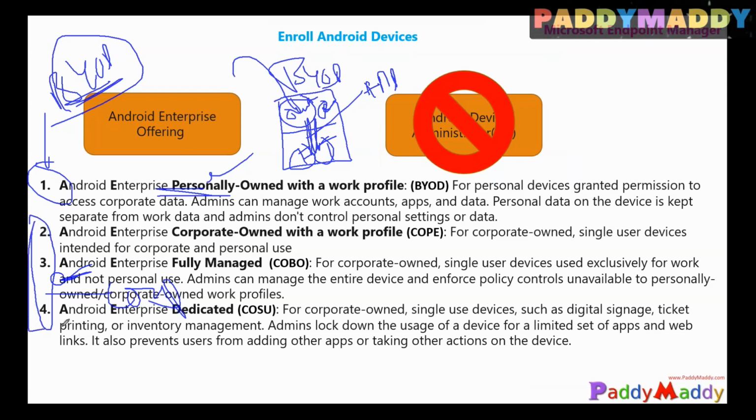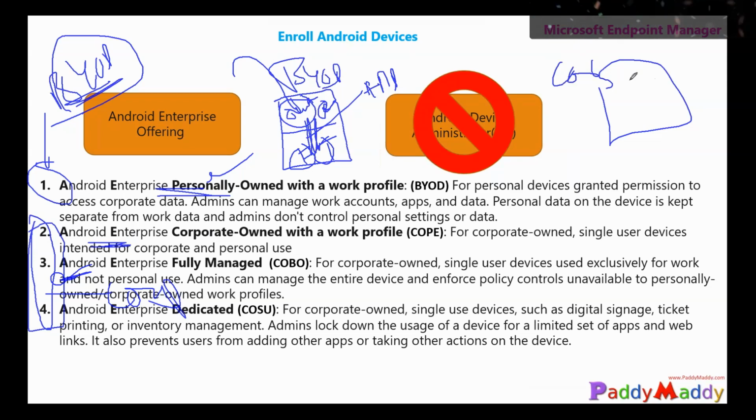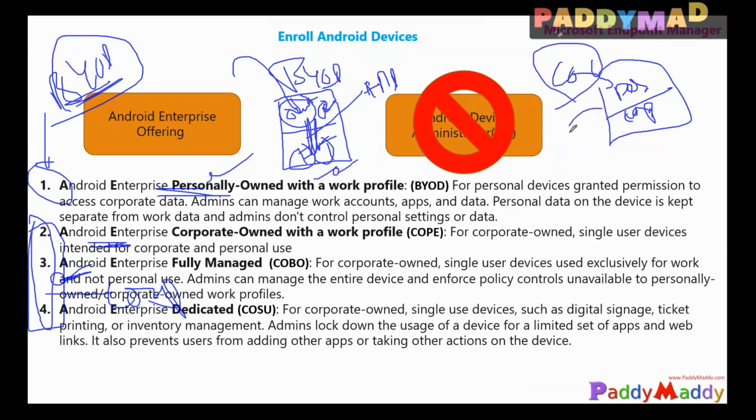Coming back to the other 3, it's very similar, but the device is owned by the corporate. You can have your personal as well as your corporate apps, meaning you allow the user to use it similar to the bring your own device concept, but the device is owned by the company. You just hand it over to the end user and say, use this device for your personal things as well as for your corporate applications, and you will not compromise on security.